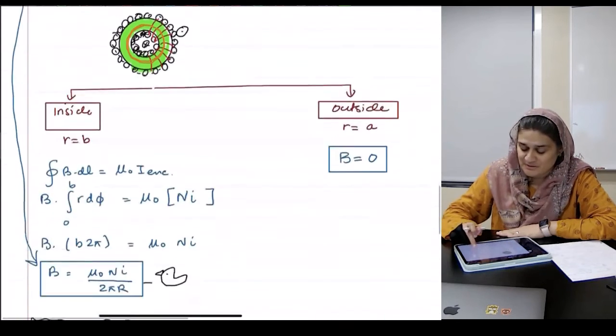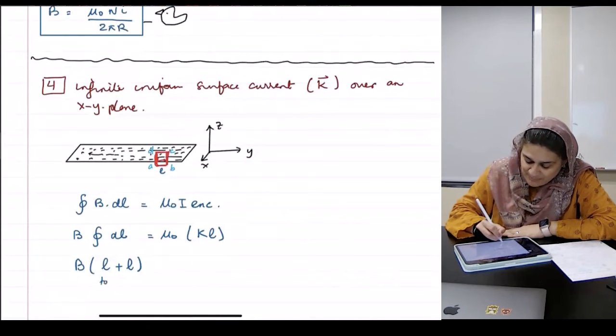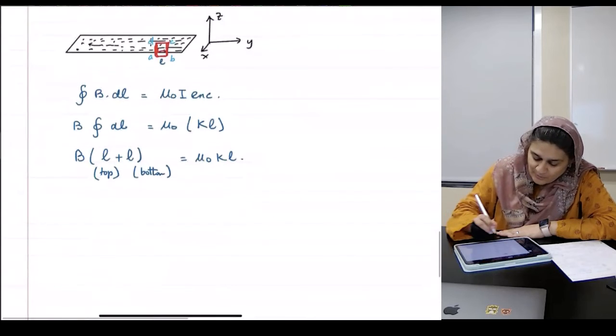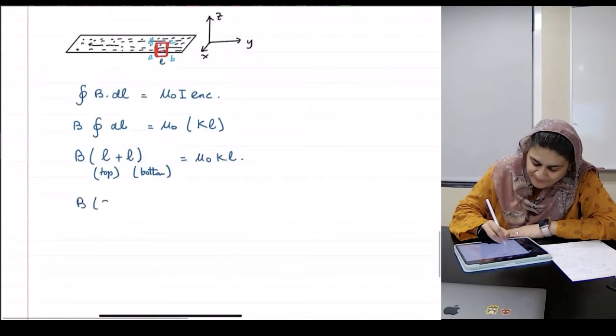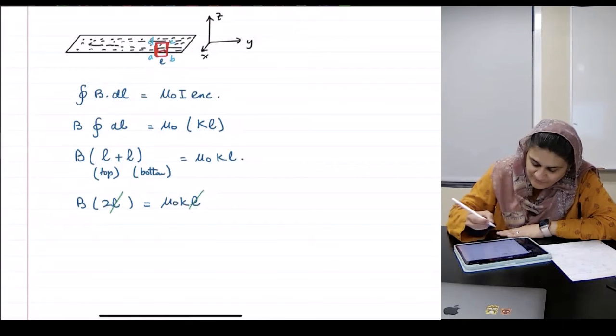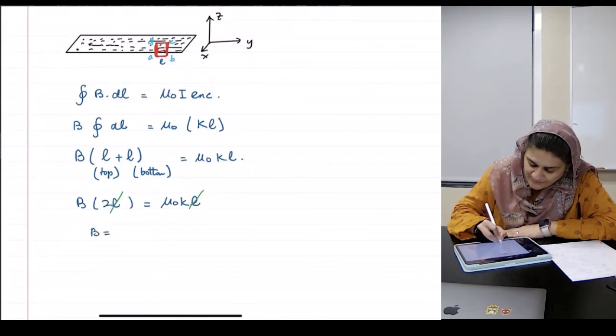And in this case, the two segments that are going to matter are the top and the bottom, which will be equal to mu KL, or B2L equals mu naught KL. These two will go away, and I will be left with mu naught K over 2.